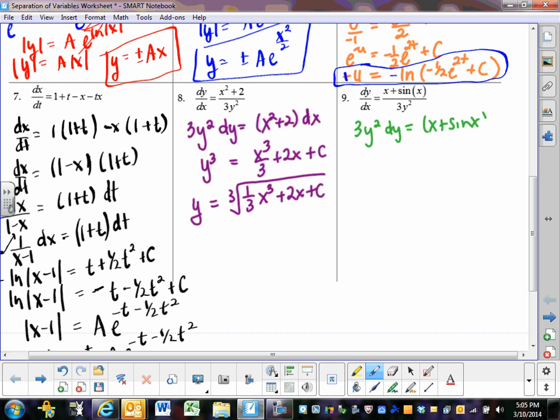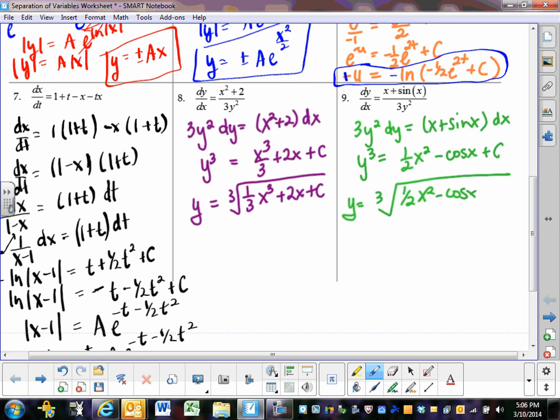So that means that x minus 1 is plus or minus a e to the negative t minus 1/2 t squared. Now if I add 1 to both sides, I have to remember that that 1 is not with the power, so I'm going to go ahead and put the plus 1 in the front. So I have 1 plus or minus a e to the negative t minus 1/2 t squared.